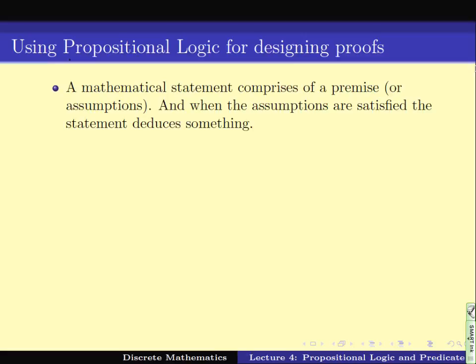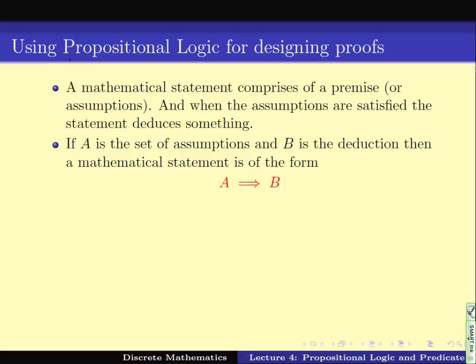So if A is a set of assumptions and B is the deduction, it is of the form A implies B. This sentence you have already seen in the exercises that I gave you in the beginning of this video: A implies B is equivalent to various other ways of writing it out.